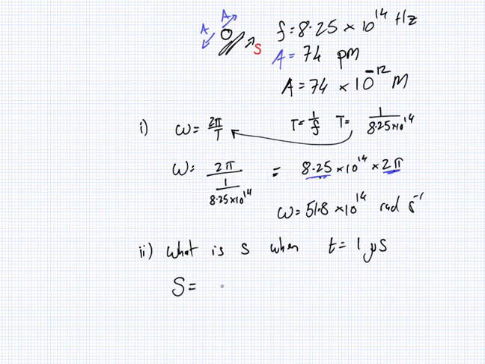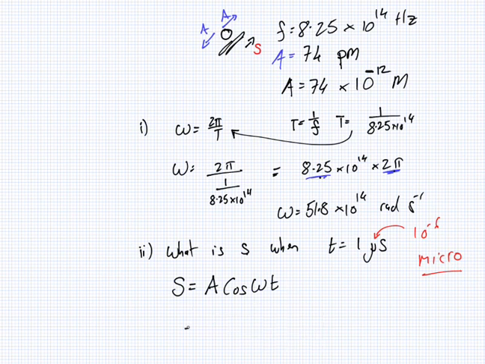S equals A cos omega t. Micro is 10 to the minus 6. You remember this word?